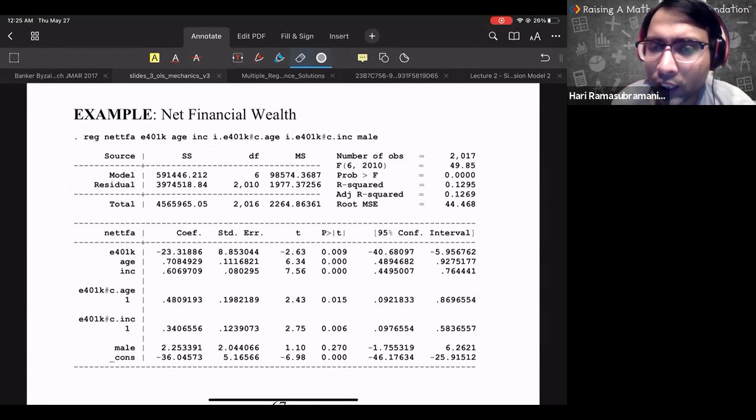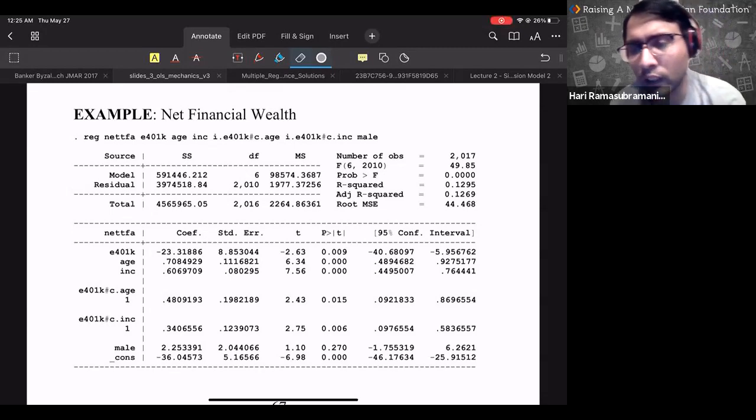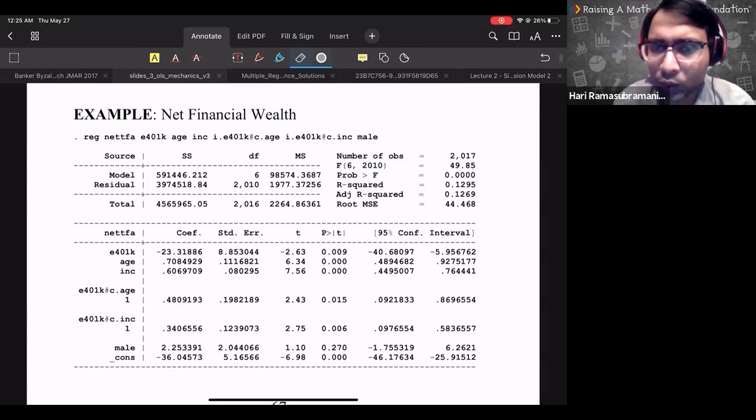And then 401k is also interacted with the income. With higher income, you are more likely to participate. As you get older, maybe you participate in the 401k. Initially, you think that, okay, I don't need to save money, so I don't even invest in wealth. But as you grow old, maybe you realize that you want to invest in 401k.